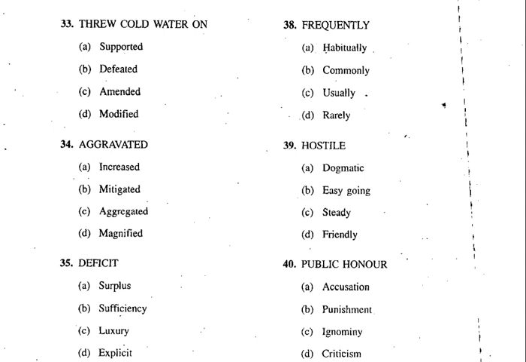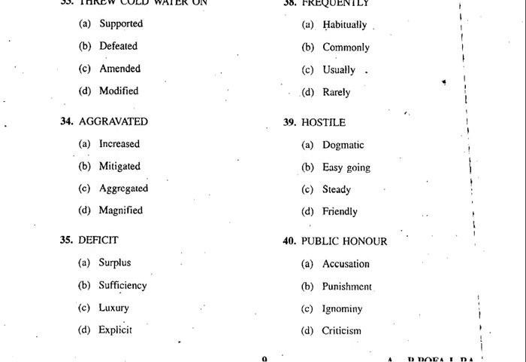Okay, now let's see whether it comes closer to easygoing, steady, friendly. Yes, hostile is unfriendly. It is the kind of situation which is created usually by enemies, a hostile environment. So friendly will be the opposite of hostile, because hostile means unfriendly.